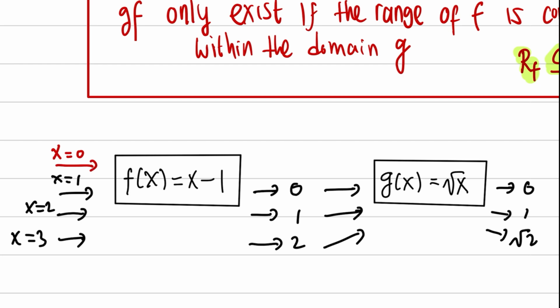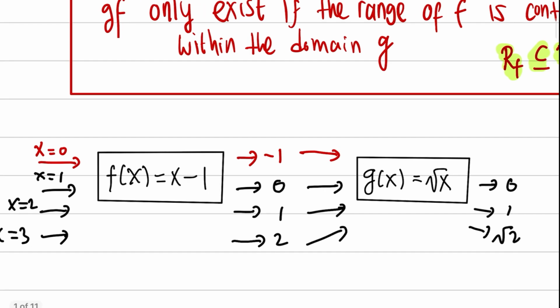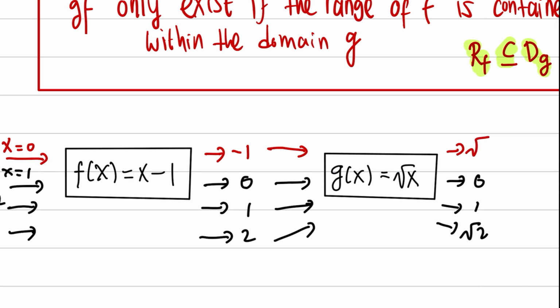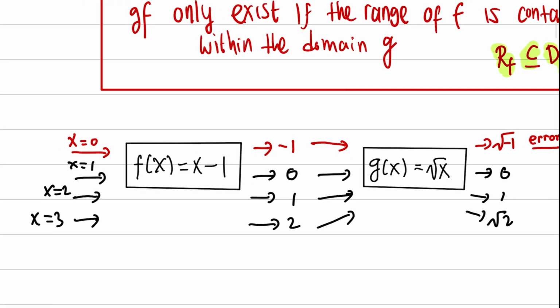What happened? You will get the output minus 1. No problem for the first machine. But there is a problem when you put it into the second machine, because if you put minus 1 into our second machine, you will get square root of negative 1, which is a math error. That means even though it works in the first machine, sometimes it doesn't work for the second machine.